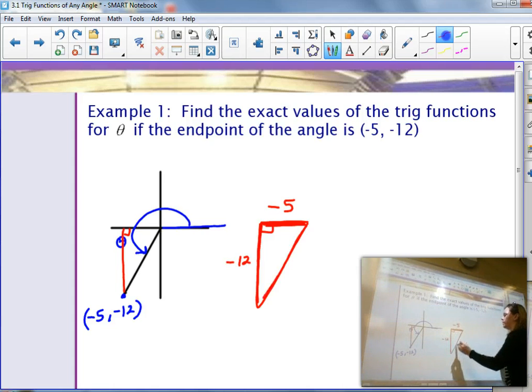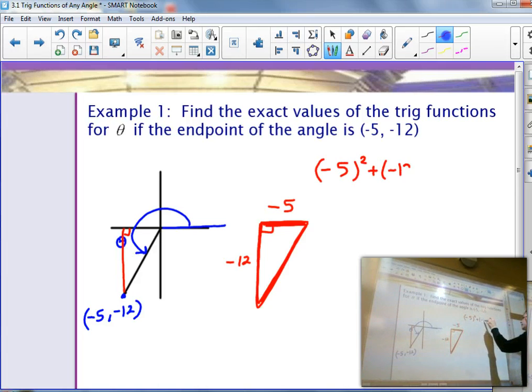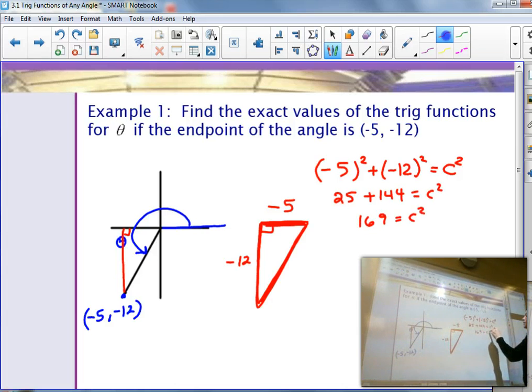And what's the length of this side? Pythagorean theorem: -5 squared plus -12 squared equals c squared. That's 25. That's 144. Add them up, we get 169. Take the square root. We get 13.